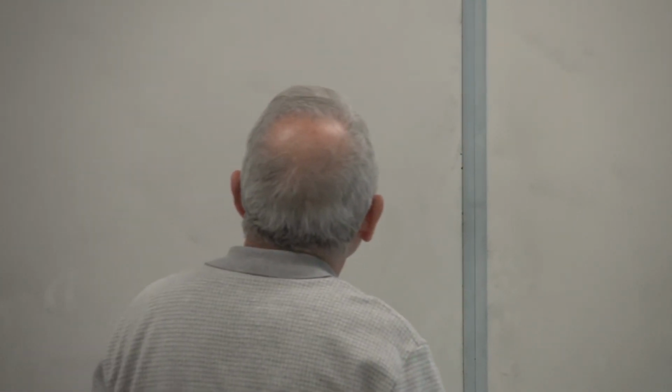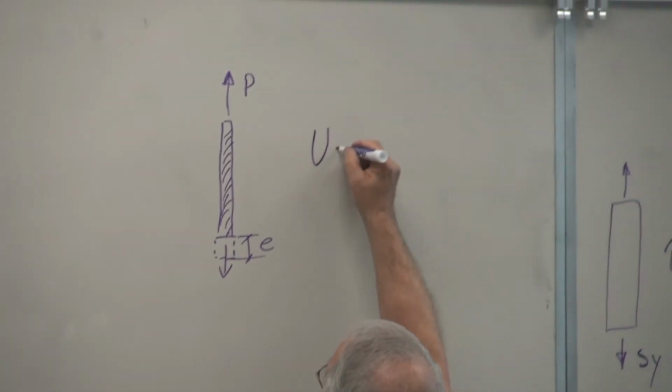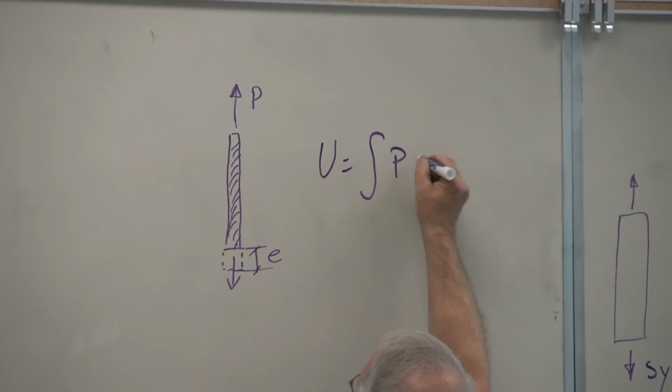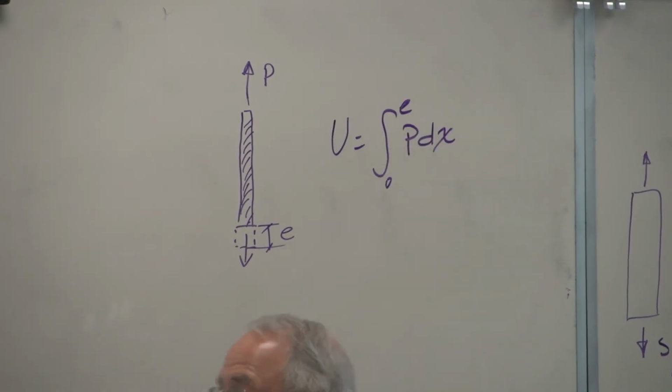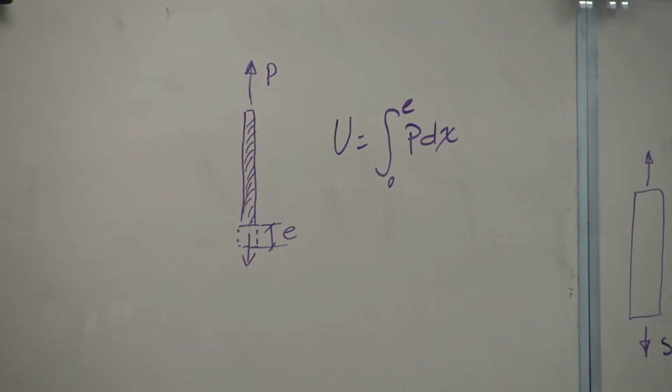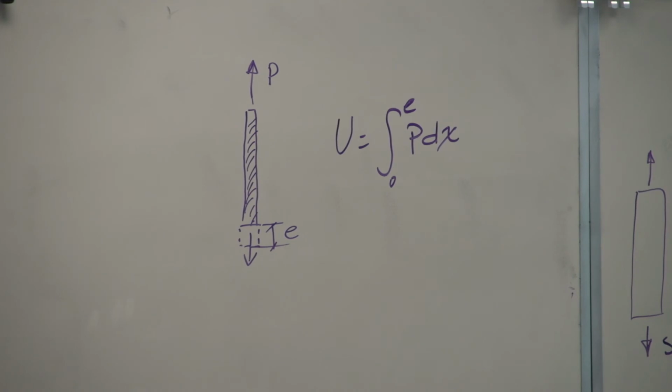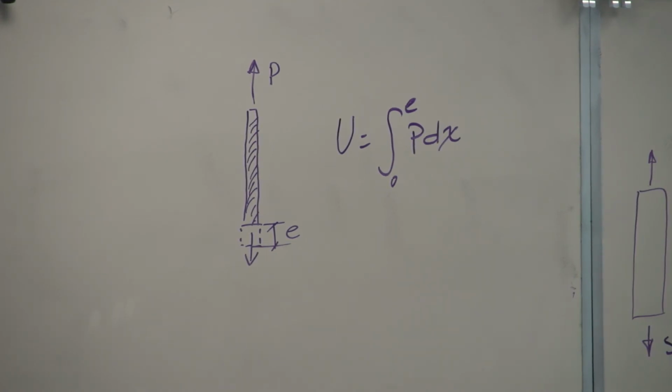It is the work done is that. It's the integral of P times the increment of displacement of P, integrated from 0 to whatever distance you have applied the force.